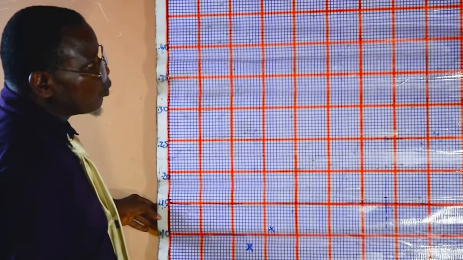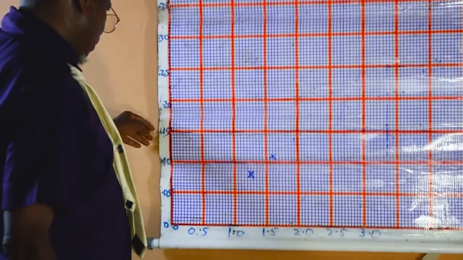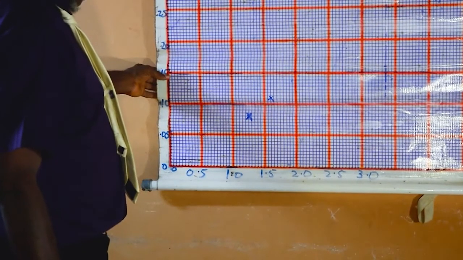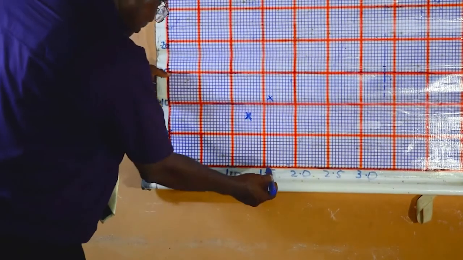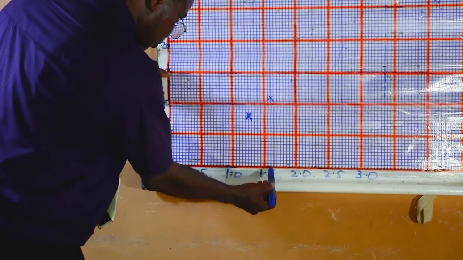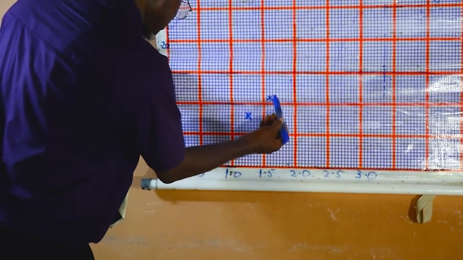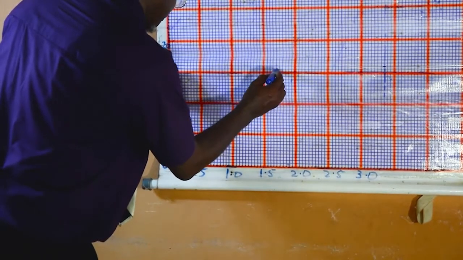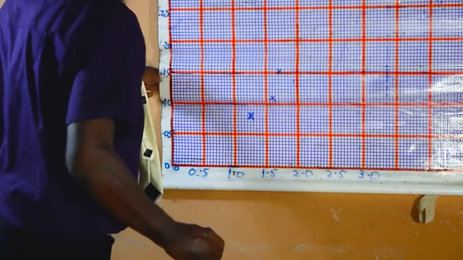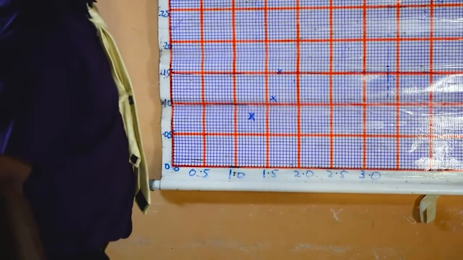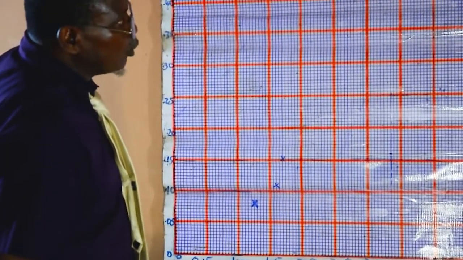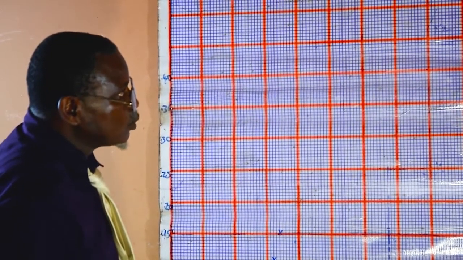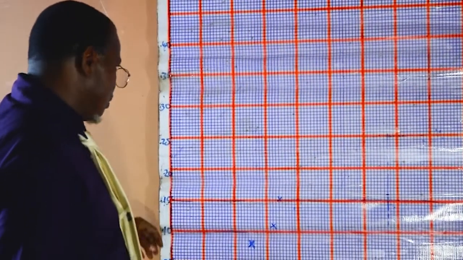0.15 against 1.7. 1.7 will be here. The next one is 1.78. 0.18 against 1.78.